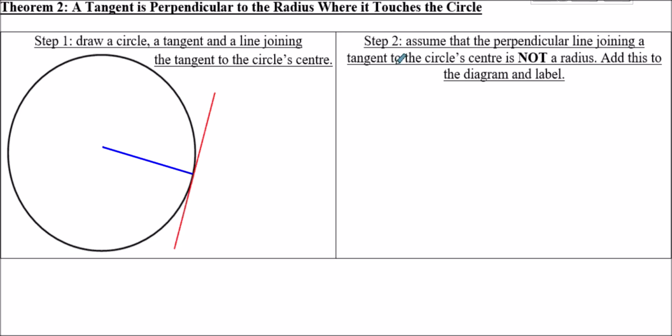Next, we have to assume, this is a proof by contradiction, we're going to actually assume that this radius is not perpendicular. So we're going to assume that the perpendicular line joining a tangent to the circle's centre is not a radius. So we're assuming this is not perpendicular.